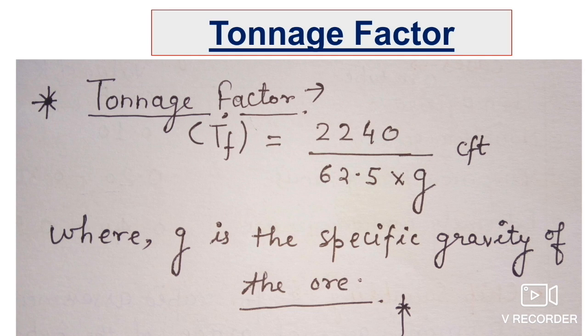So that was our discussion about the ore reserve estimation. Although we discussed all the methods in the previous video, there were two alternative options, so either we can calculate the ore reserve by this method or by the previous methods which we talked about in the previous video. Okay, thank you.